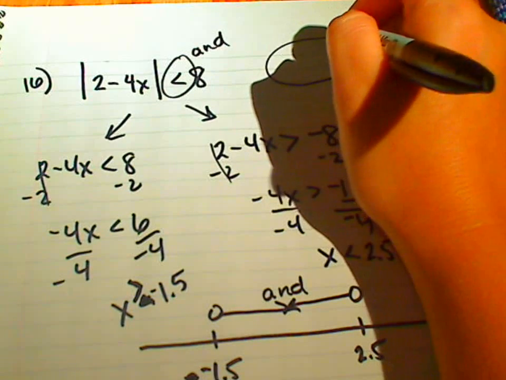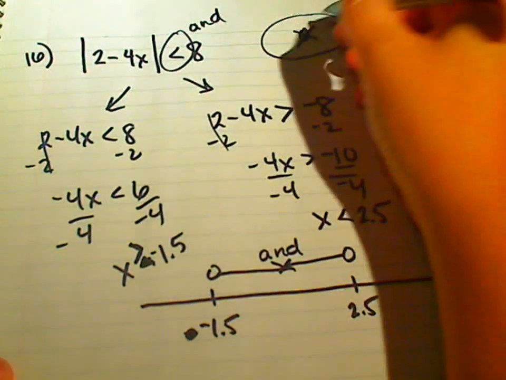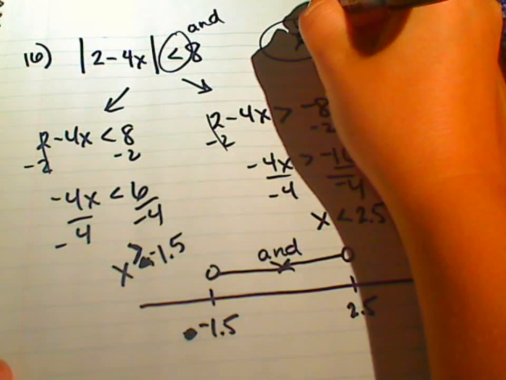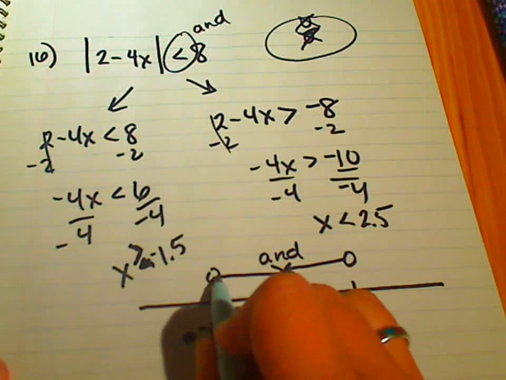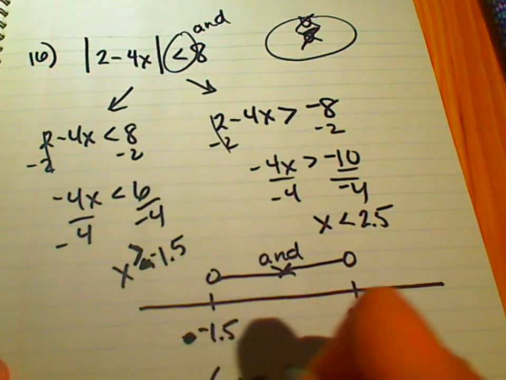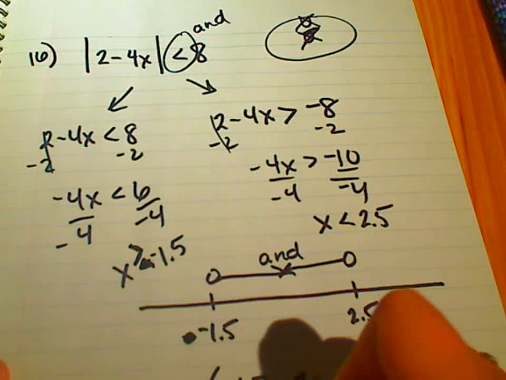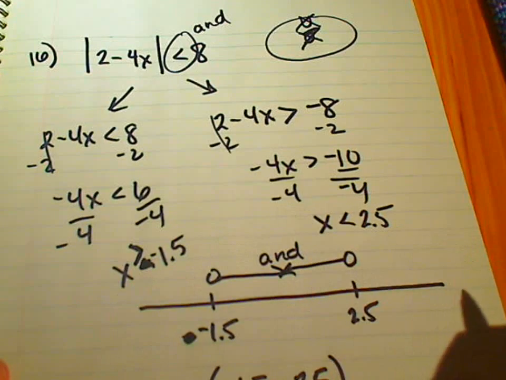It's not going to have a union in it. So the answer would just be between this and this. So it'll be negative 1.5 to 2.5. Parenthesis on both because neither of them are underlined.